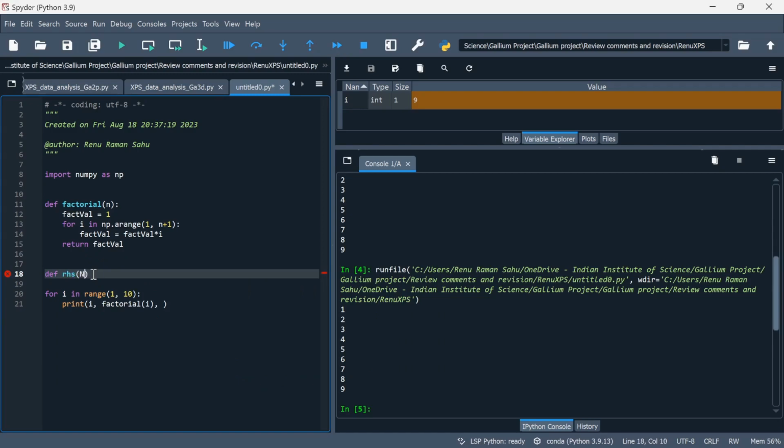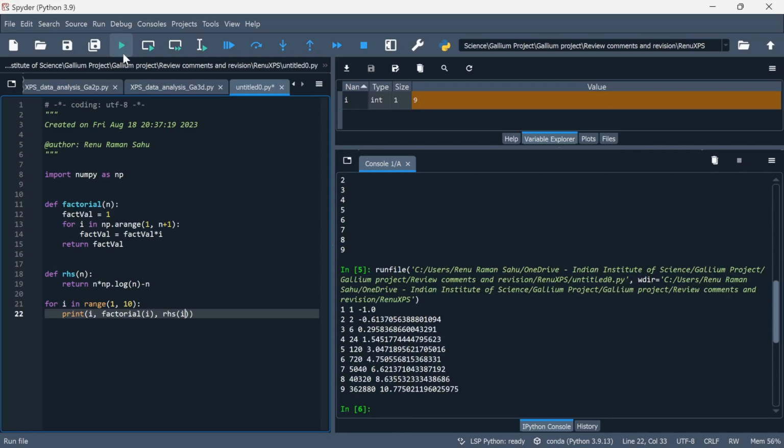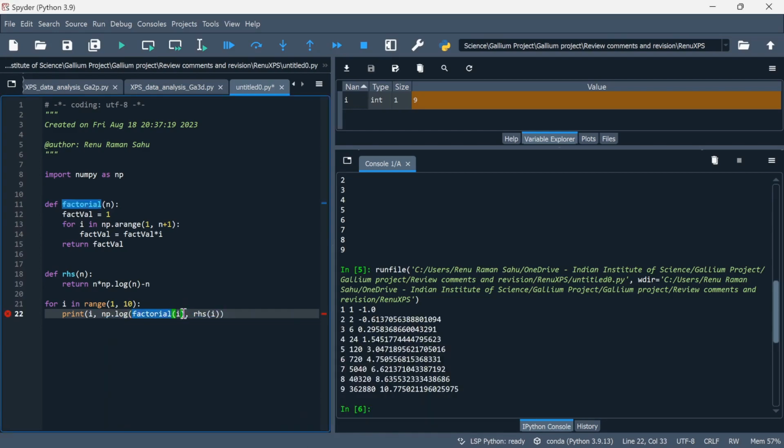So what I am doing is, for an n it will return n times np dot log n minus n. This is the RHS.